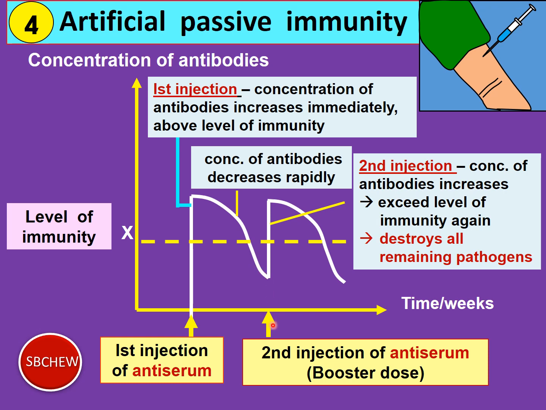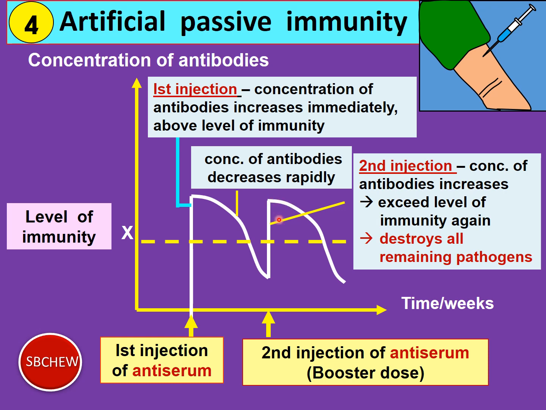Next, the doctor may give a second injection to boost up the level of antibodies beyond the level of immunity again. So it's called the booster dose of antiserum. And this is again to destroy any remaining pathogens that may still be able to cause harm to the patient.